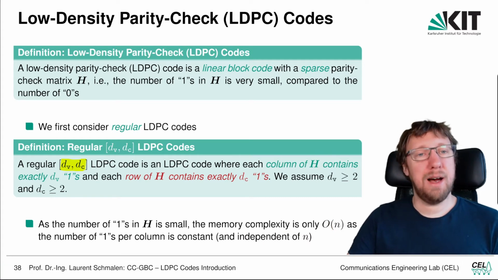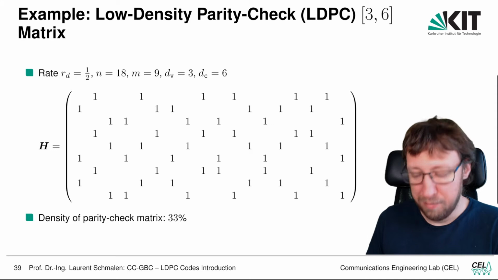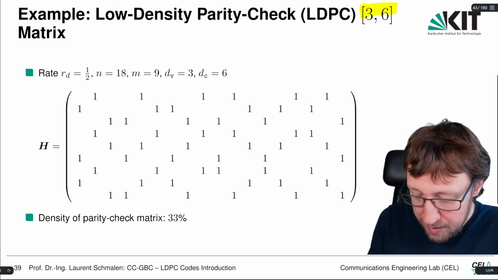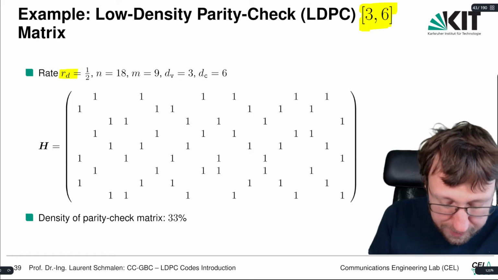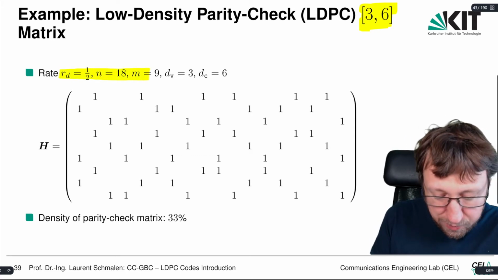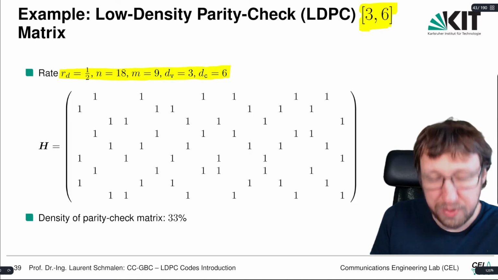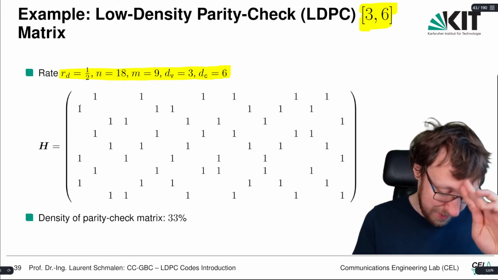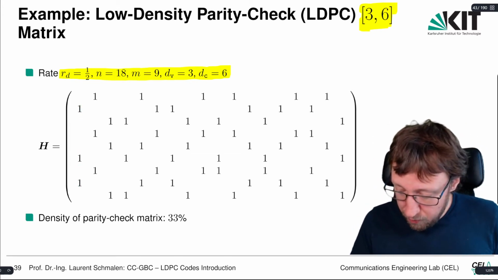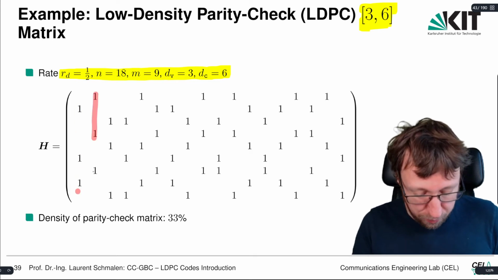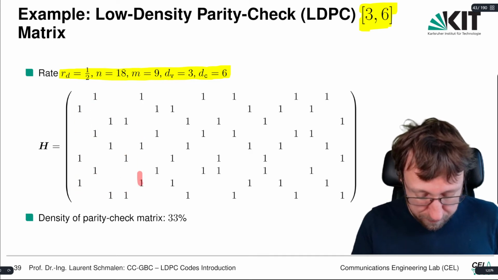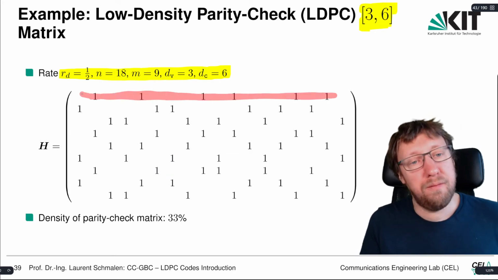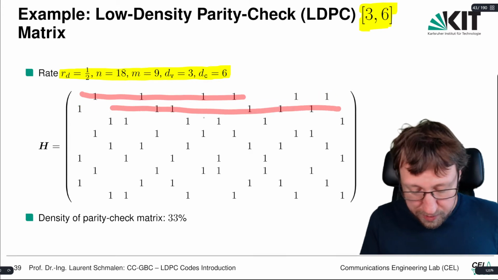So let's take a look at an example. Here we have an example of a code with parameters 3 and 6. So we have a design rate of 1/2. n is equal to 18, m is equal to 9, dv equals 3, dc equals 6. We can see that we have 3 ones in each column, so dv is equal to 3, and we have 6 ones in each row.